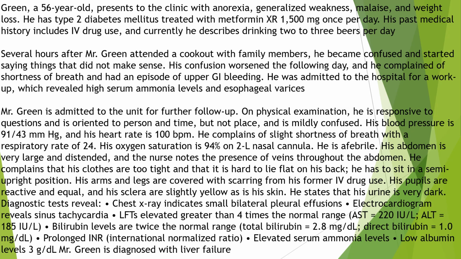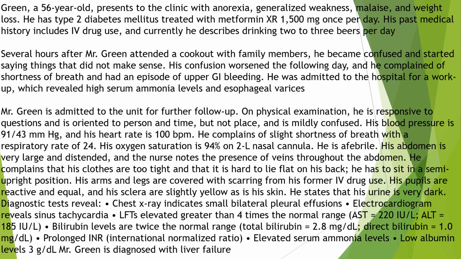Mr. Green, a 17-year-old, presents to the clinic with anorexia, generalized weakness, malaise, and weight loss. He has type 2 diabetes mellitus treated with metformin XR 500 mg once per day. His past medical history includes IV drug use, and currently he describes drinking 2 to 3 beers per day.